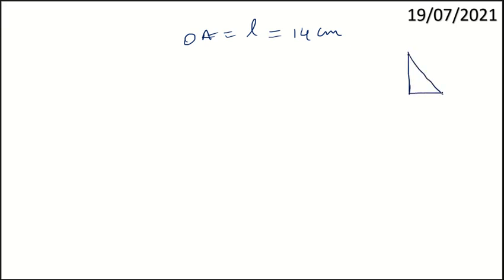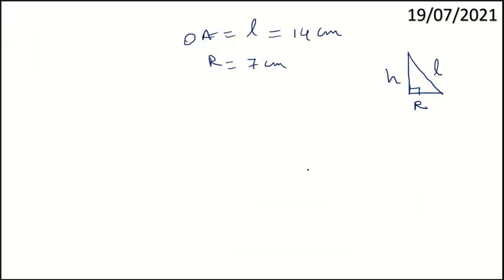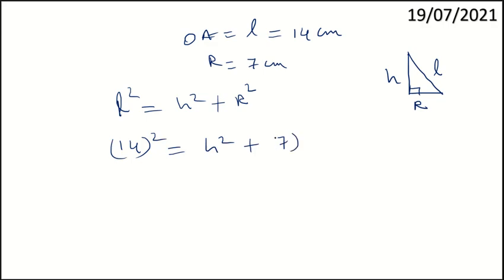Using the Pythagoras theorem with capital R, H and L: L is 14 centimeter and capital R you found as 7 centimeter, and now we need to find H. L square equals H square plus capital R square by Pythagoras theorem. 14 square equals H square plus 7 square. So, H square is 14 square minus 7 square.